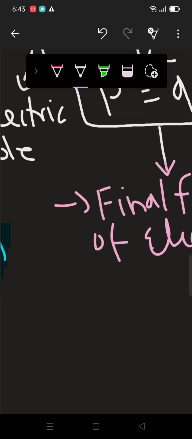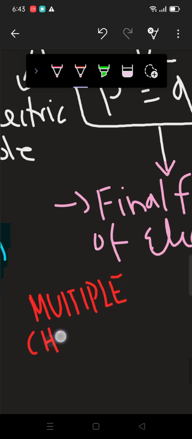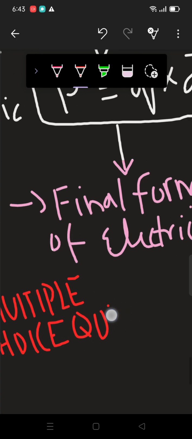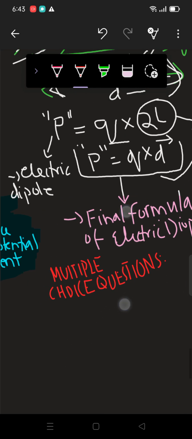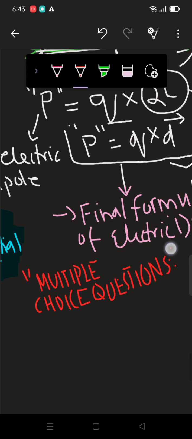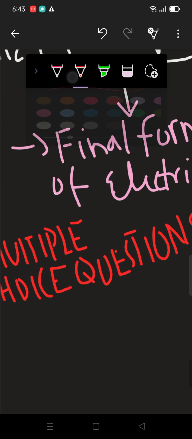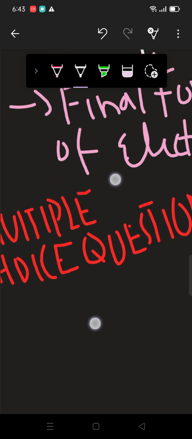Today's topic is going to be very important in terms of MCQs, multiple choice questions. So what is another definition of the electric dipole?